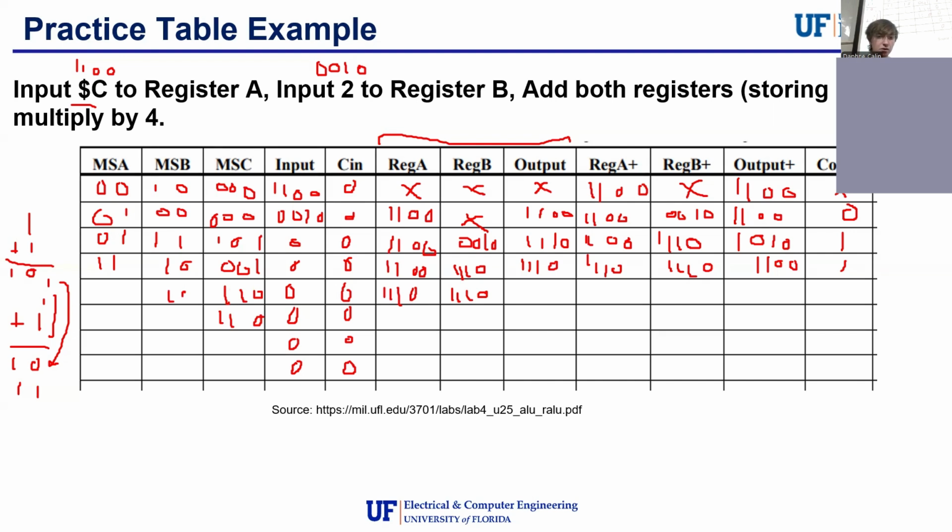And we can keep B the same because we don't need to do any more operations with that. And we want A to come in from the output bus, so it'll go back into A. And then we'll do the same for this row.